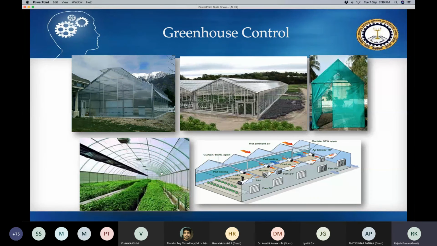This one is another area where one student just completed his part. That is the greenhouse, and why it is challenging: we need to create exactly a perfect atmosphere inside a greenhouse. Many things are there.